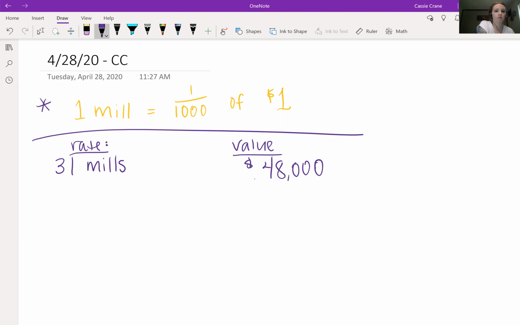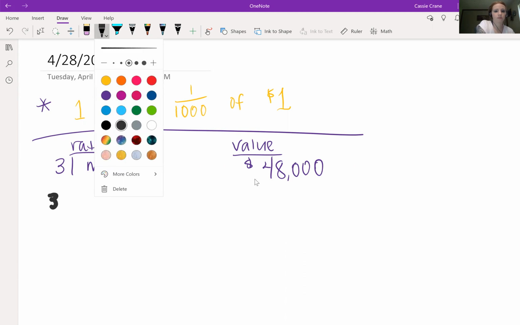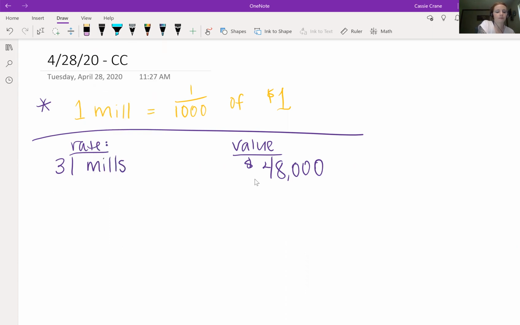So we're going to first find that decimal by dividing 31 by 1,000. And that'll give us our decimal form. Dividing by 1,000 is the same thing as moving the decimal point over 3 places. So this would give us 0.031.